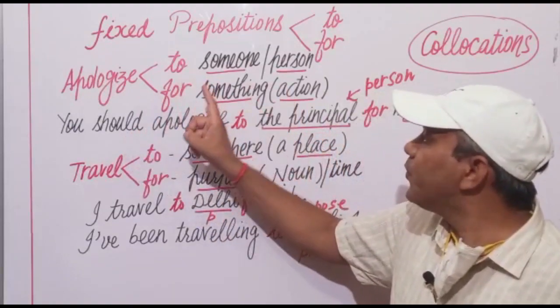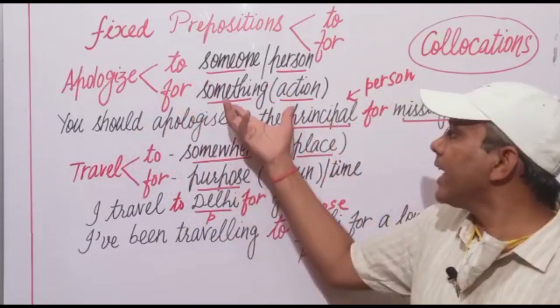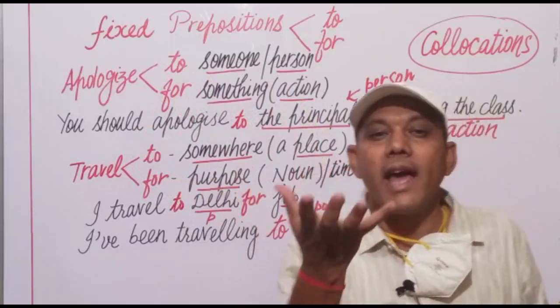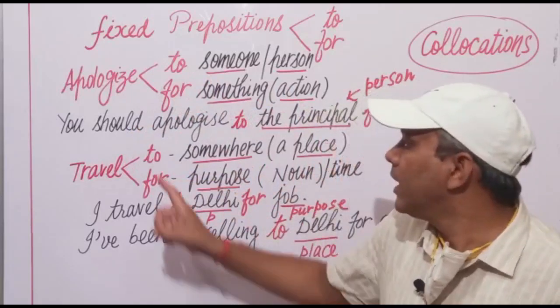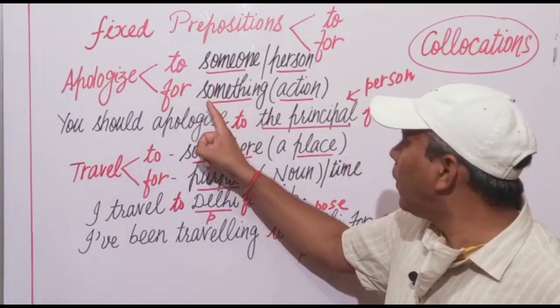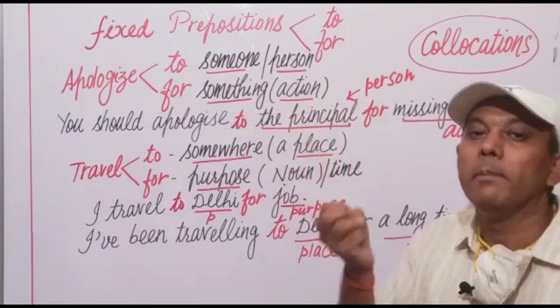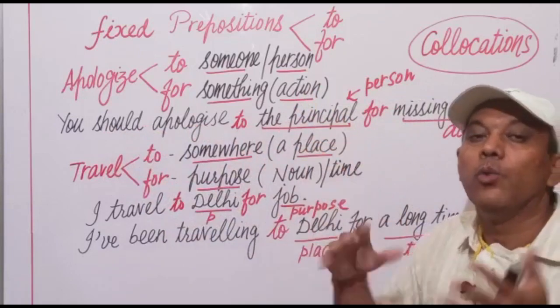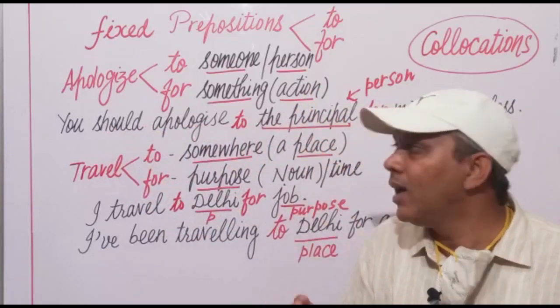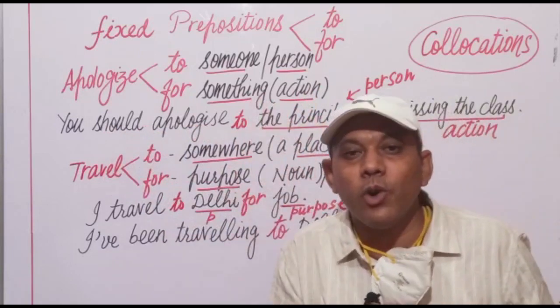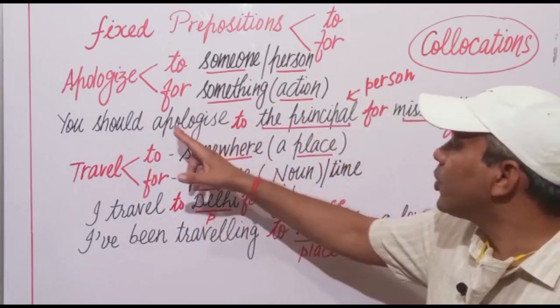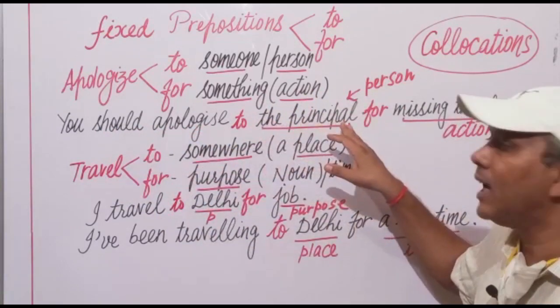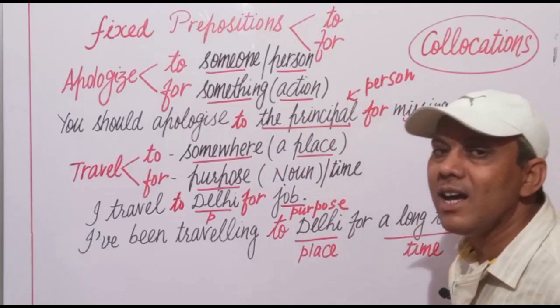And apologize for is used in case of something or an action, that is, for a reason. You should apologize to the principal. Why? What is the reason? Or for what action? For example, you should apologize to the principal for missing the class.